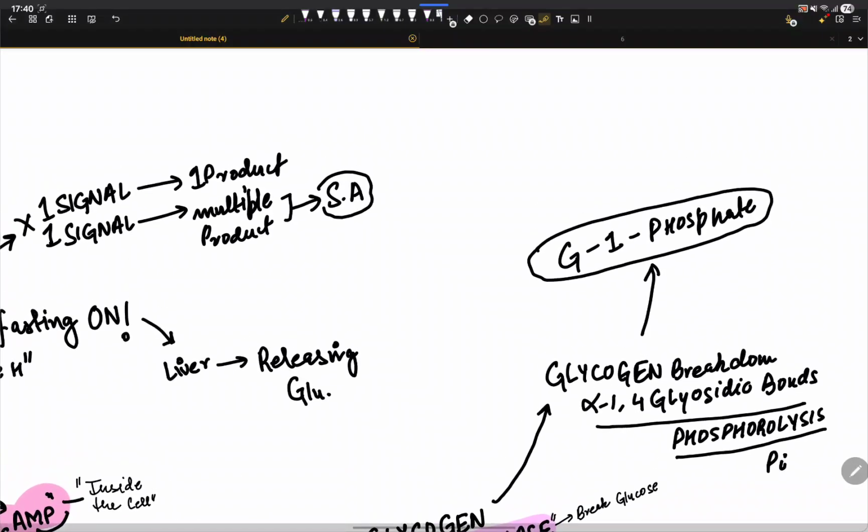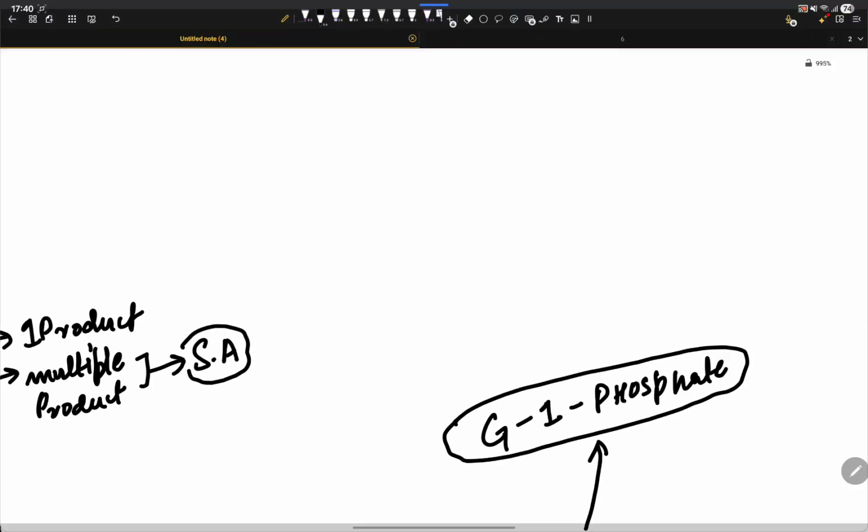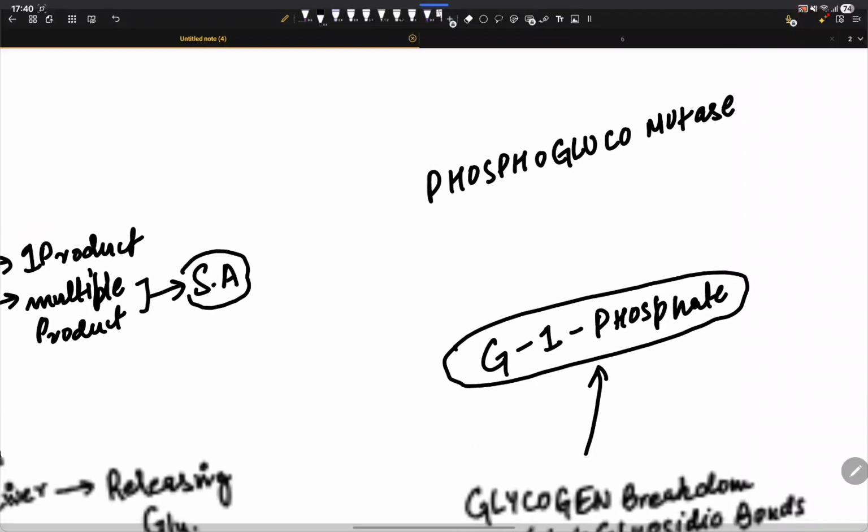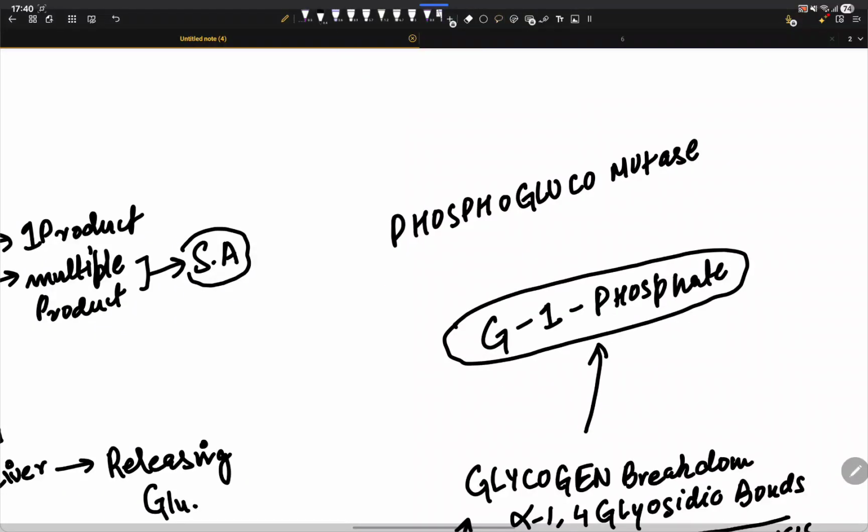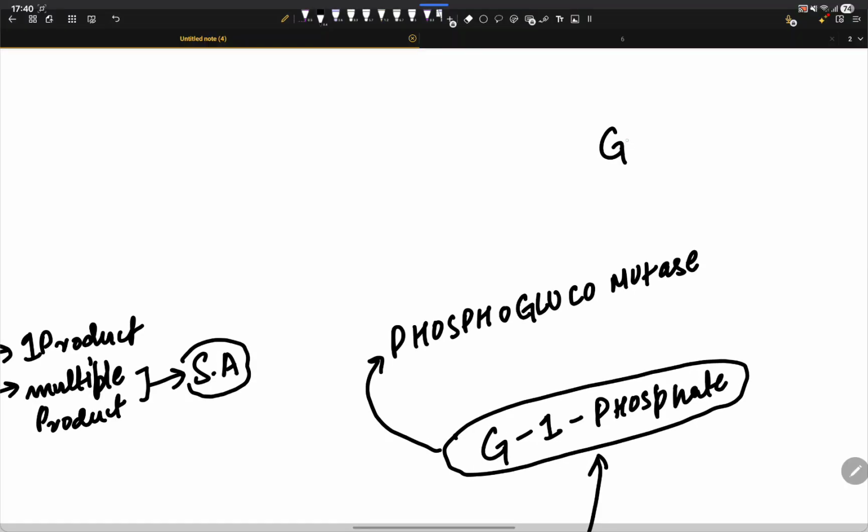Now later, we have another enzyme, phosphoglucomutase. This enzyme converts glucose 1-phosphate into glucose 6-phosphate.